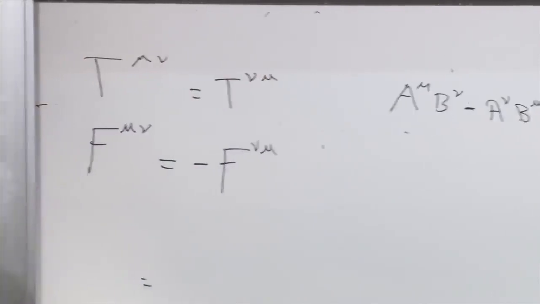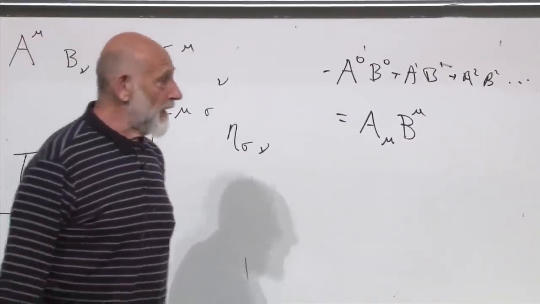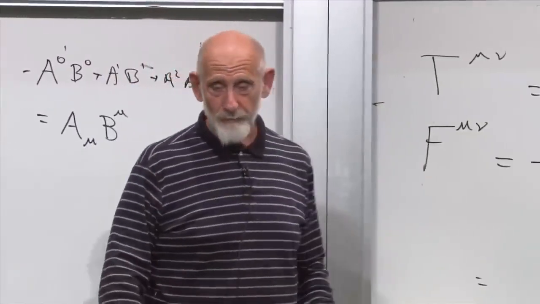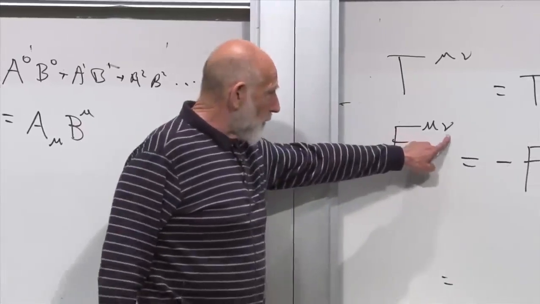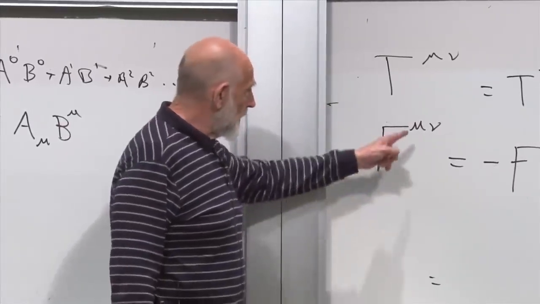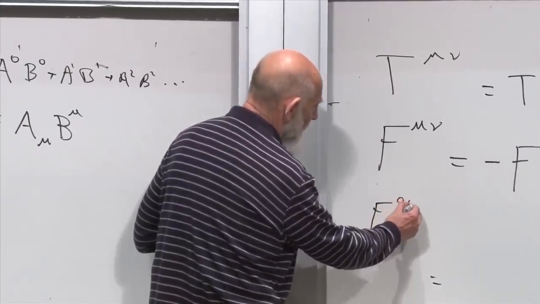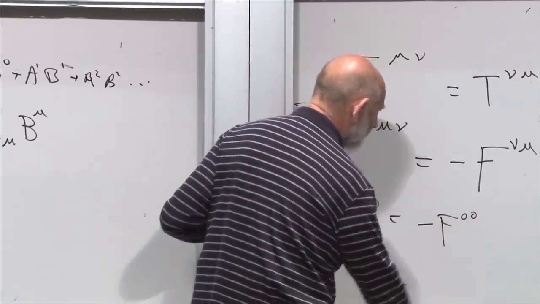So there are symmetric tensors and antisymmetric tensors. Antisymmetric tensors have fewer components than symmetric tensors, and the reason is their diagonal components vanish. For example, one of the things this equation says is that F00 is equal to minus F00.